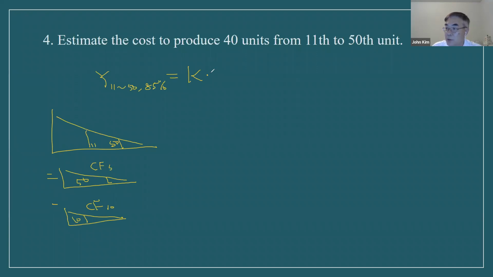So K times, actually K times up to 50 is cumulative factor 50 minus K times cumulative factor 10. That is the same as K times cumulative factor 50 minus cumulative factor 10.